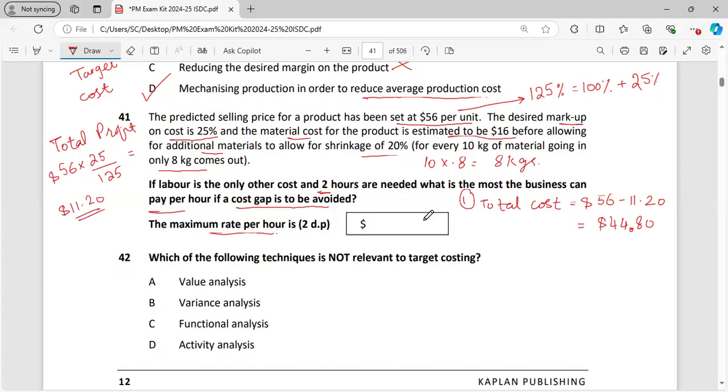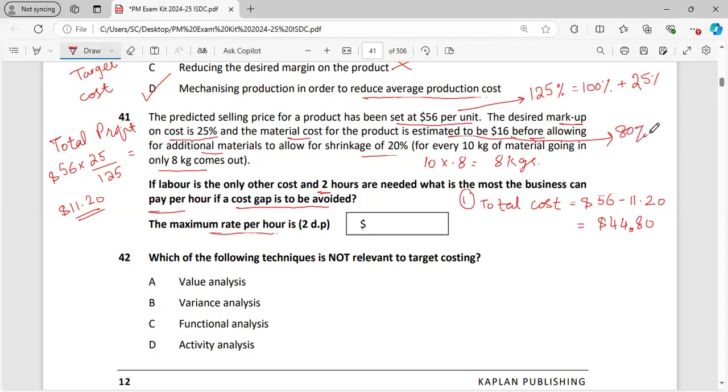Out of this 44.80, we are saying that our material cost is $16. But this $16 is before any allowance, and there is a wastage of 20%. It means this $16 is representing 80% before allowing for wastage, and the wastage is 20%.